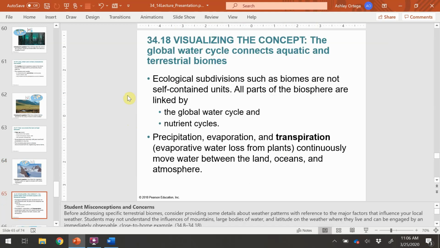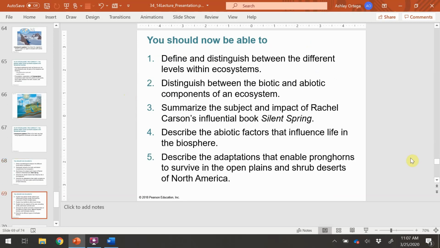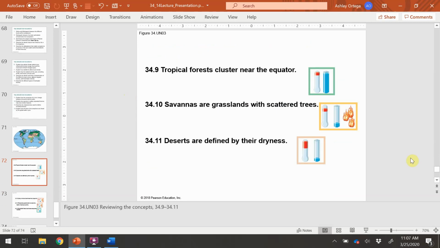So that covers the biomes. You want to know each of them as being terrestrial and their unique qualifier. So if you look down here, some of these might help in understanding them. Tropical forests cluster near the equator, high rainfall, a lot of competition for plants and animals. Savannas are grasslands with scattered trees, well adapted to fires.